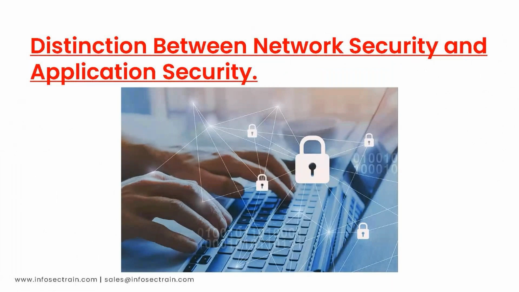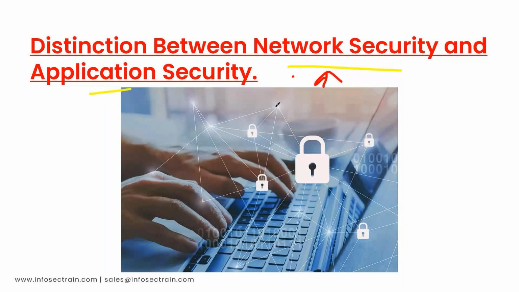Then after this, we are having our network security and the application security. When we are talking about network security, we are going to protect our network infrastructure, like our devices, your routers, your switches, your firewalls.